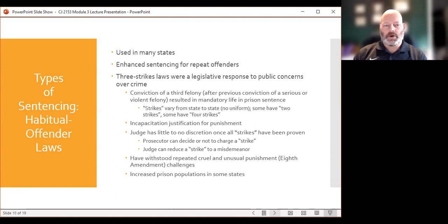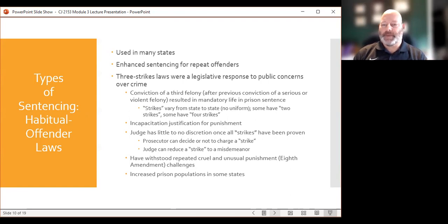A three strikes law, in a sense, means that if an offender has a conviction of a third felony after previous convictions of a serious or violent felony, this resulted in mandatory life in prison. Now, it's interesting and important for you to know that the number of strikes varies from state to state. There's no uniformity in that. Some have 2 strikes, while some states have 4 strikes as a part of their habitual offender laws.